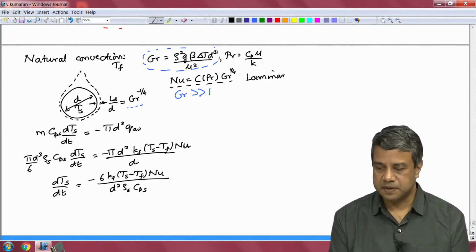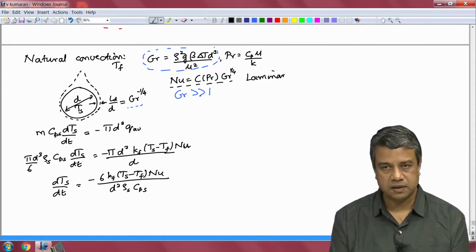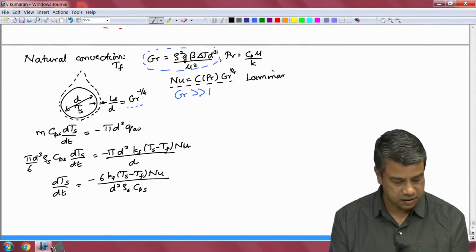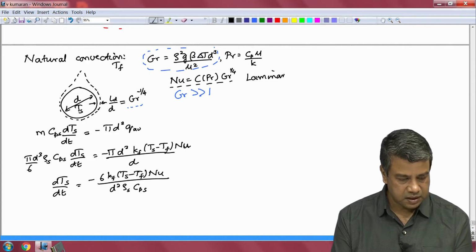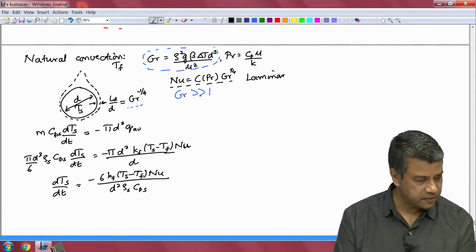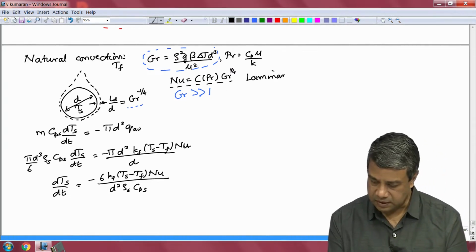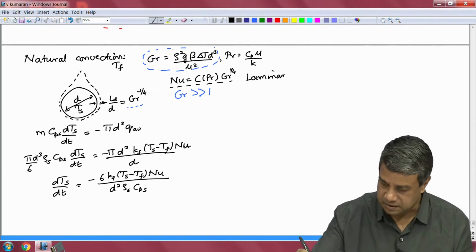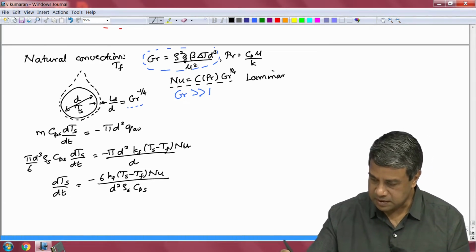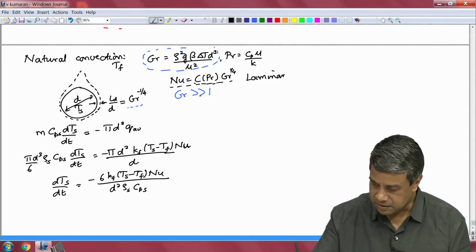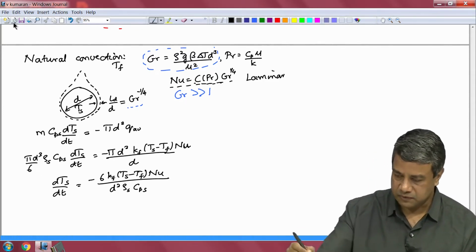So, that is the expression for the rate of change of temperature with respect to time. And in this expression, I have to substitute the effect of the Nusselt number correlation. Note that the Nusselt number is equal to some constant times the Grashof number to the 1/4 power.